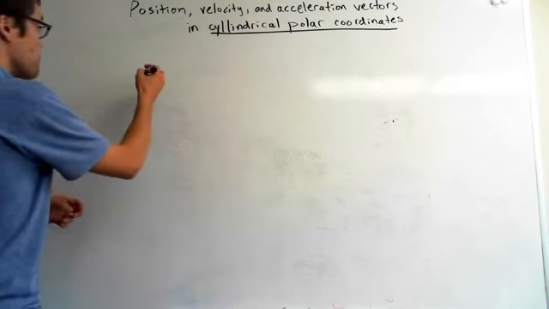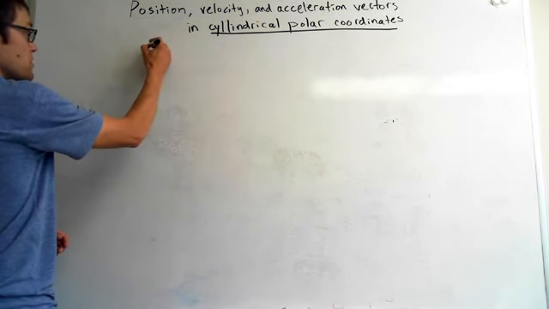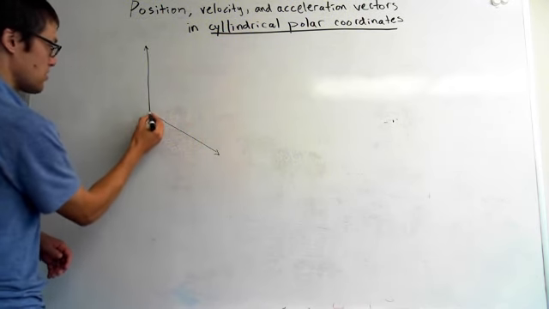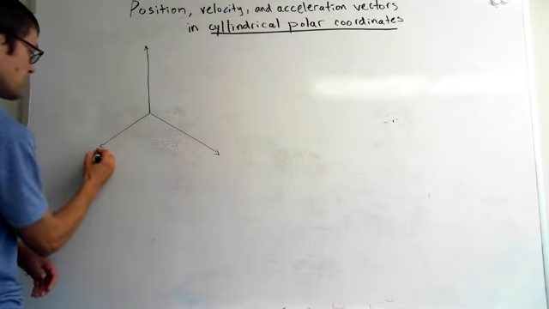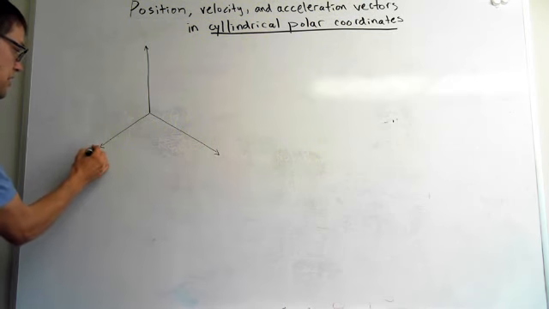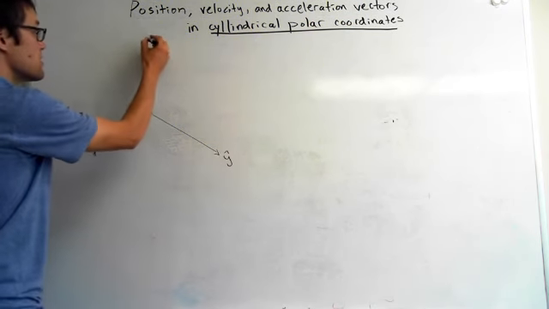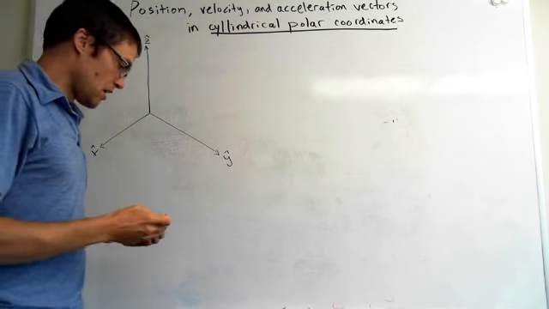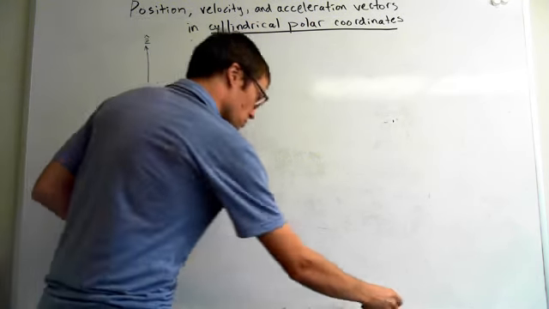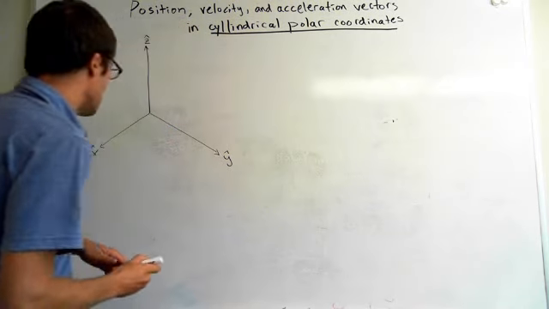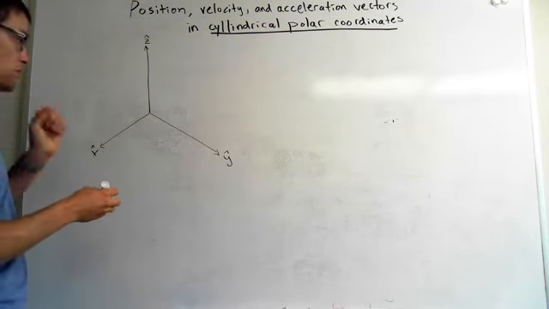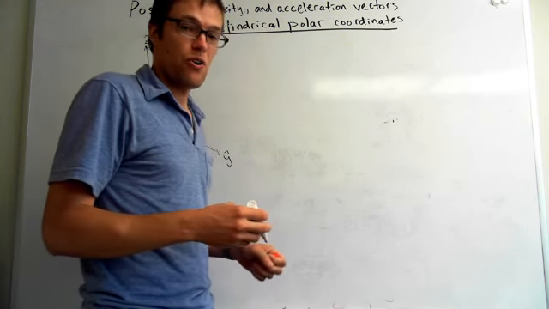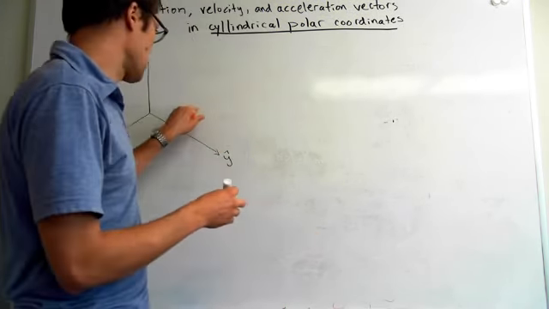We're going to start by drawing this diagram on top of a typical Cartesian coordinate system. So if this is the x hat direction over here, this is y hat, and this is z hat, then in order to demonstrate the meaning of the cylindrical polar coordinates, I'm going to first draw a structure on top of this Cartesian coordinate system.